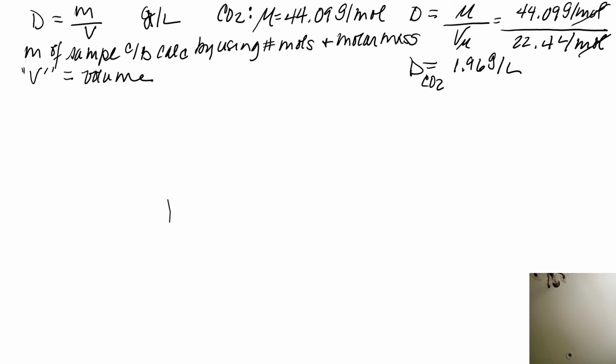So if we look at PV equals nRT, n equals, or can be determined by, the mass in grams divided by the molar mass.